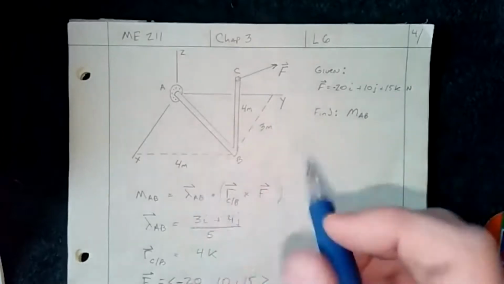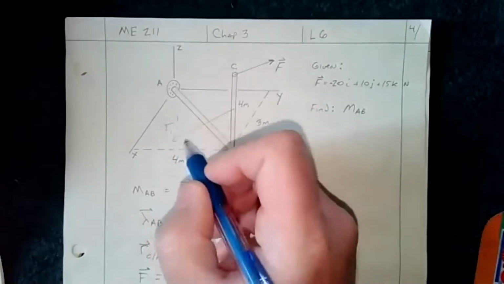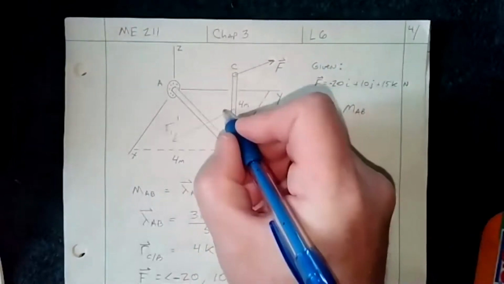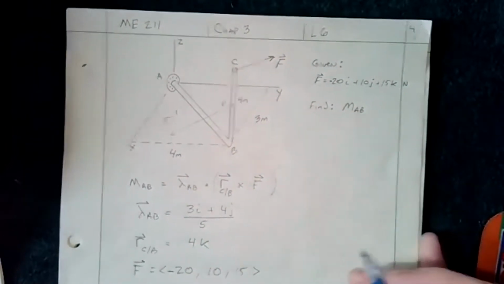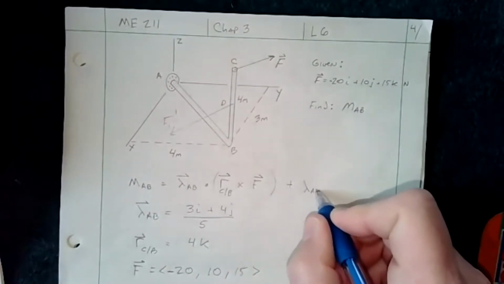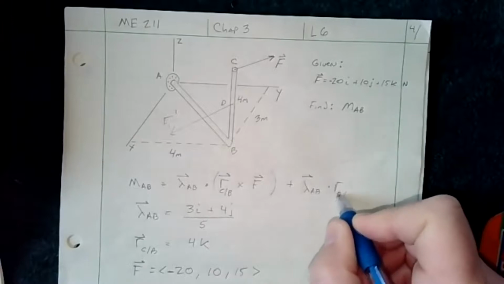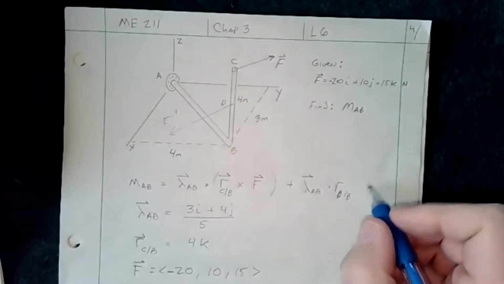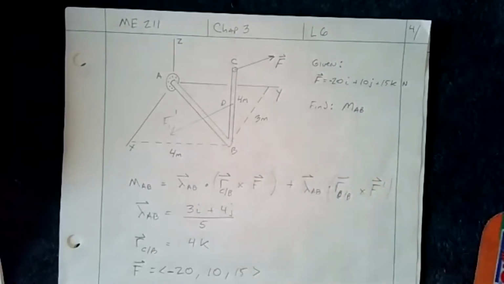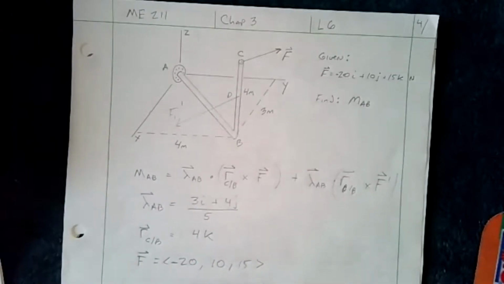So let's say if we had this going like that, we call that F prime, and we'll call this point D here, then we would add to that lambda AB dot R D relative to B, and then cross with F prime, and so forth. And so we would just add whatever that magnitude is on to the final answer, and we would have it.